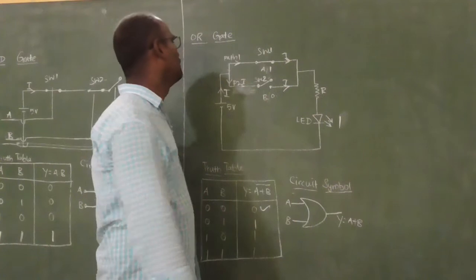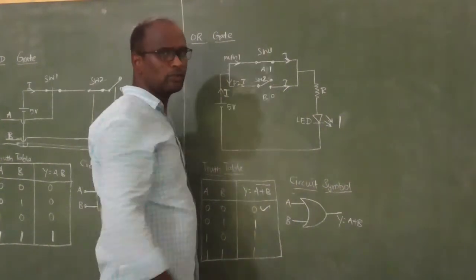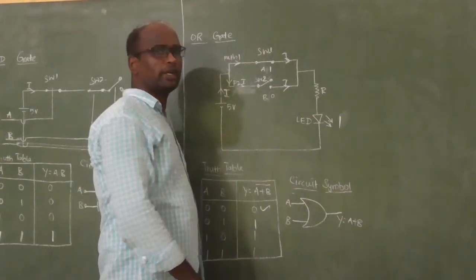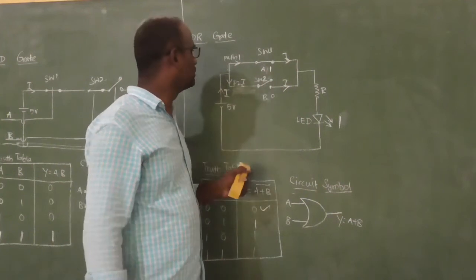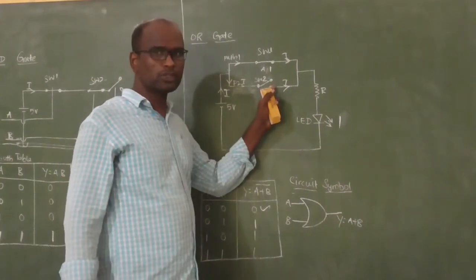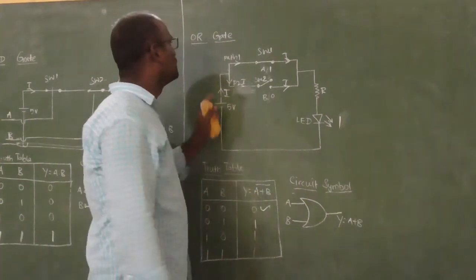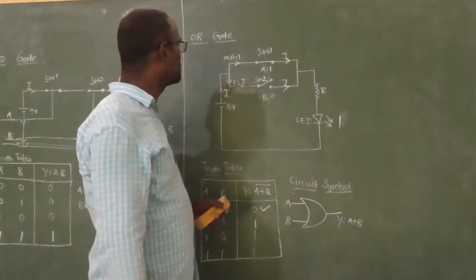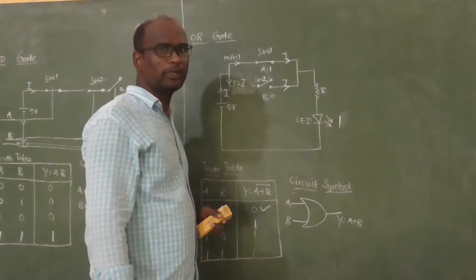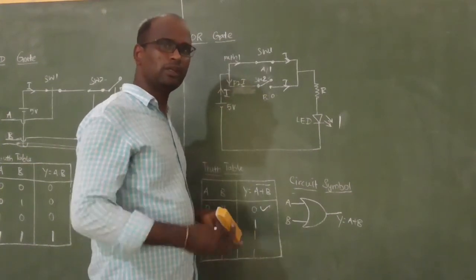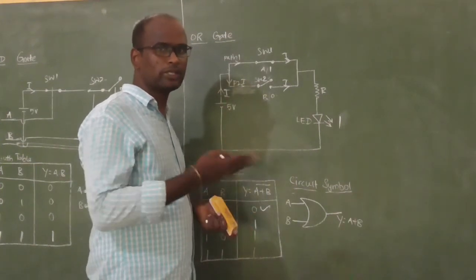Since switch 1 is in closed condition according to the input 1, and switch 2 is in open condition according to input 0, path 1 is in closed condition and path 2 is in open condition. The current requires any closed path to reach the output.